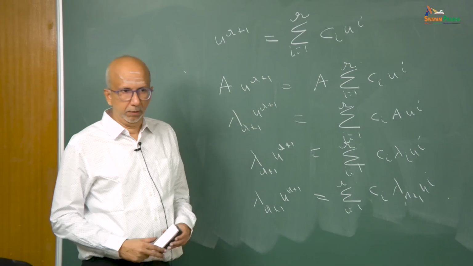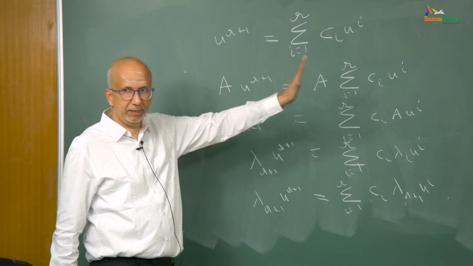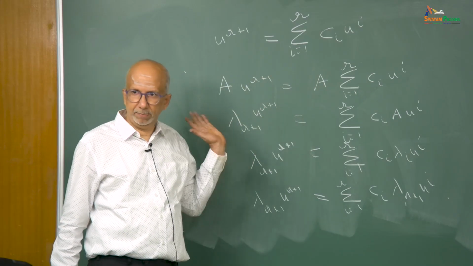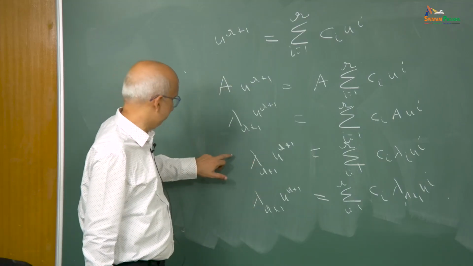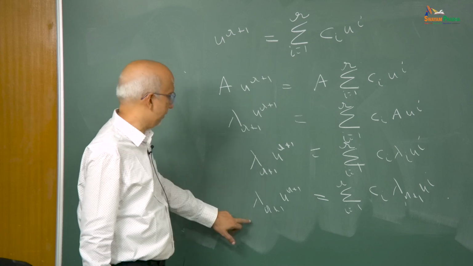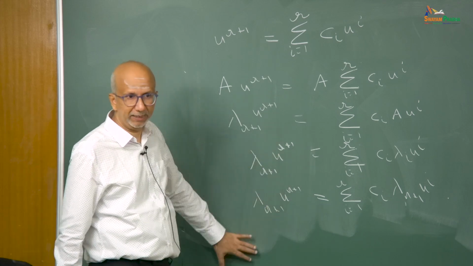So what I did first was just operate by A, and now I am multiplying by lambda r plus 1. I get these two are identical, right? Lambda r plus 1, lambda r plus 1, ur plus 1. When I subtract, I will get 0.